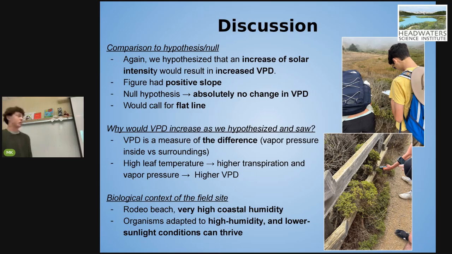And in terms of the biological context of our field site, Rodeo Beach and the surroundings are a pretty unique area in that there's a lot of microclimates. For example, we thought that the data for our cypress trees didn't vary in terms of solar intensity that much because one, there was a lot of shade, and two, because they tended to thrive in areas that had less solar intensity with more fog and more moisture.